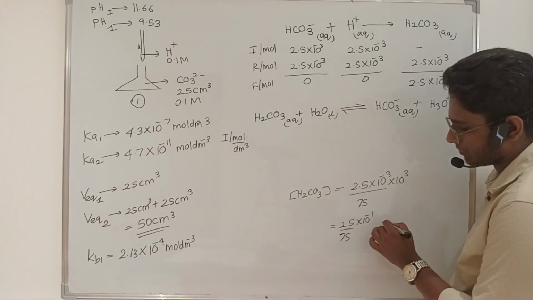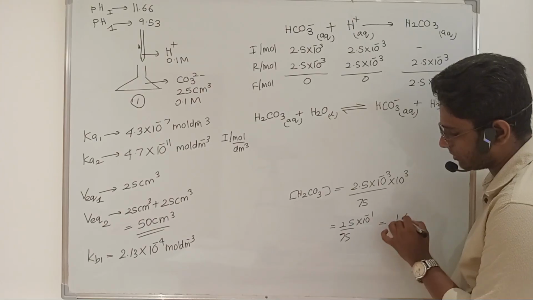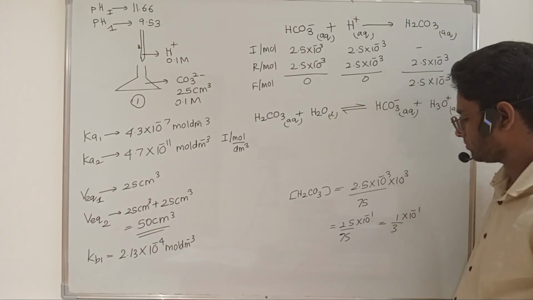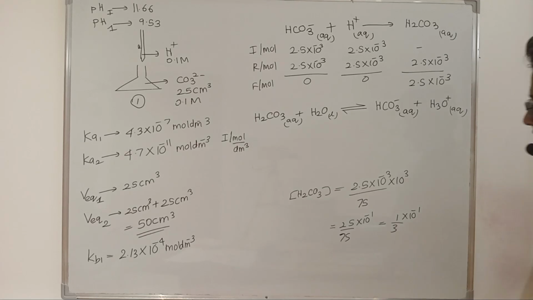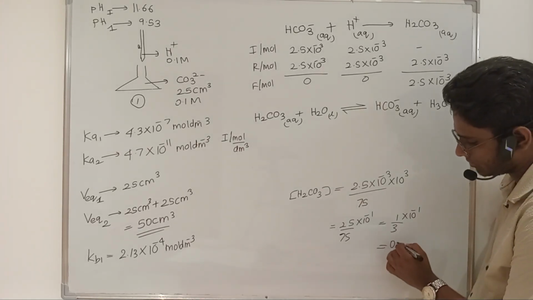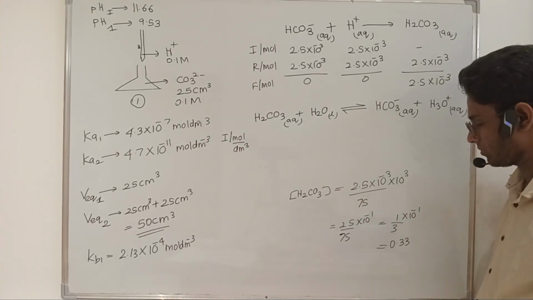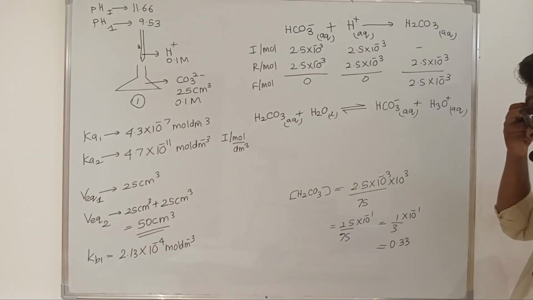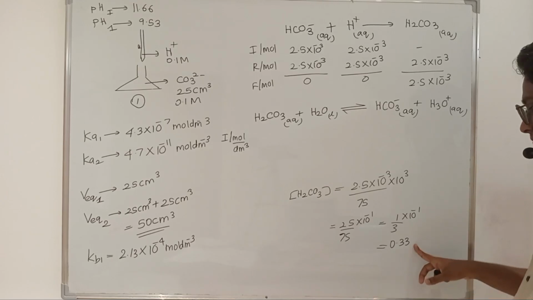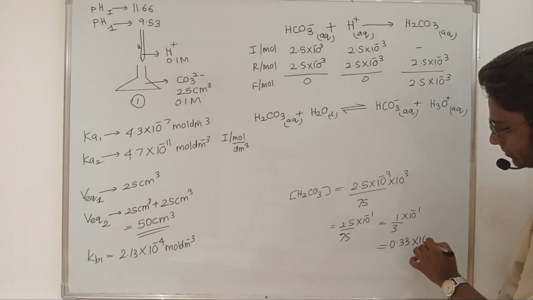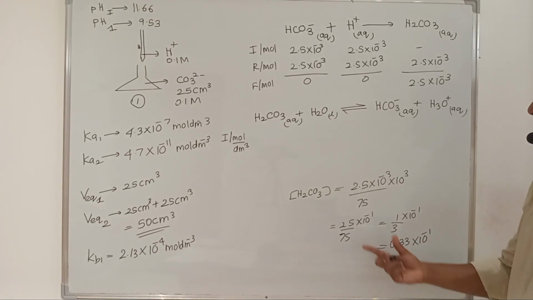That is 1 over 3 into 10 to the power minus 1. 1 over 3 is 0.33, into 10 to the power minus 1.